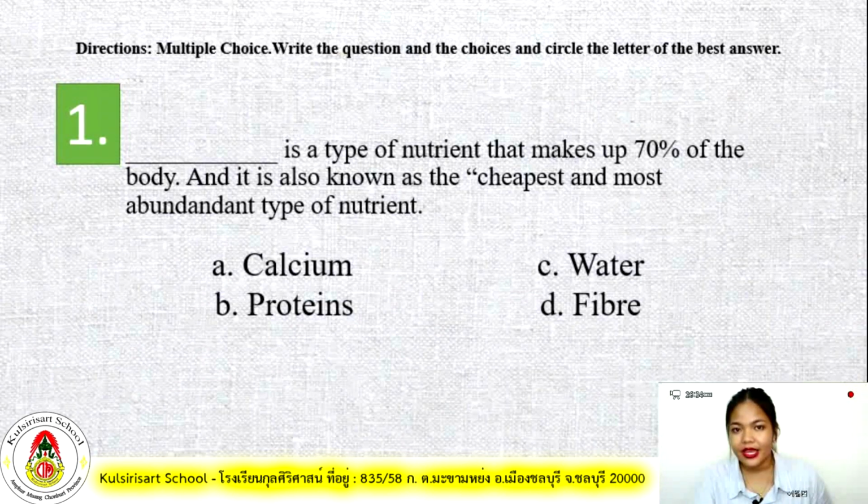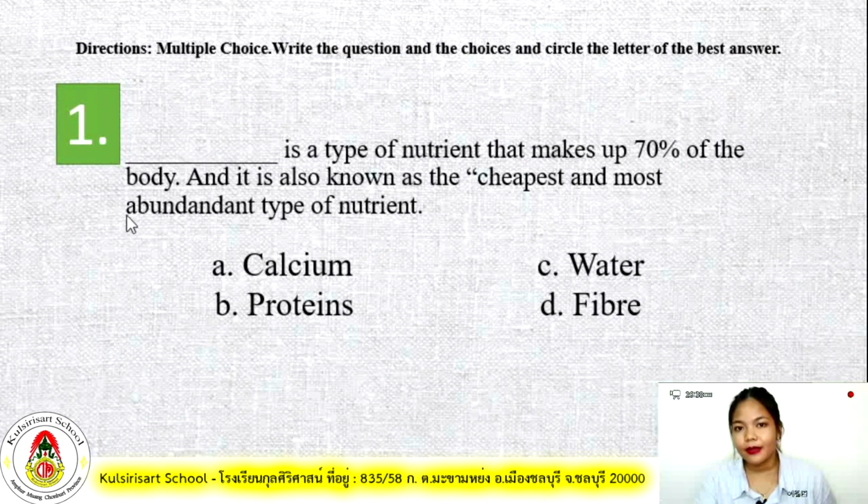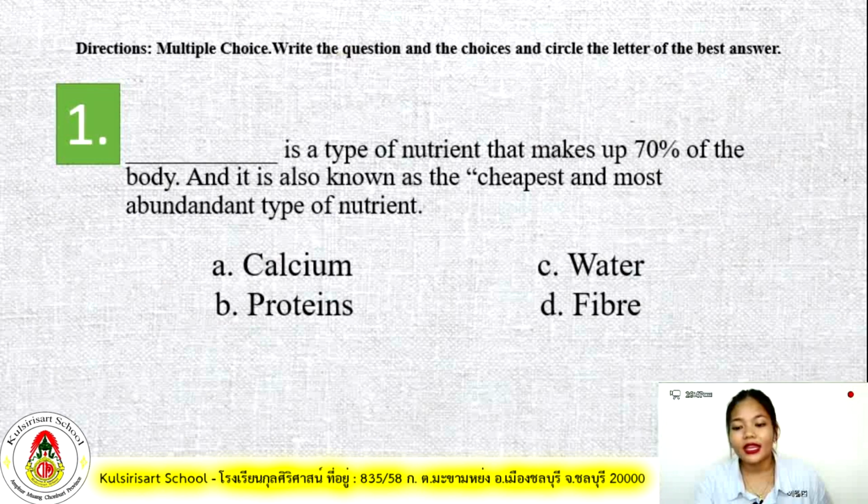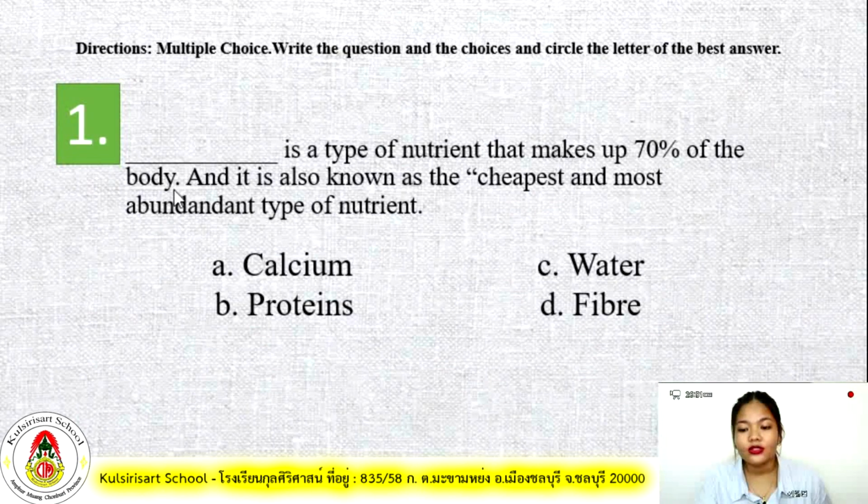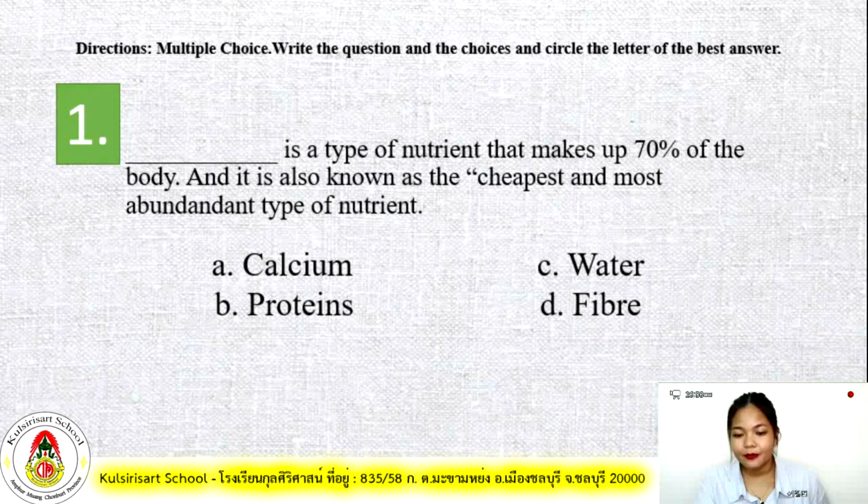Okay, ready? For our first question, blank is a type of nutrient that makes up 70% of the body, and it is also known as the cheapest and most abundant type of nutrient. Again, let me repeat.